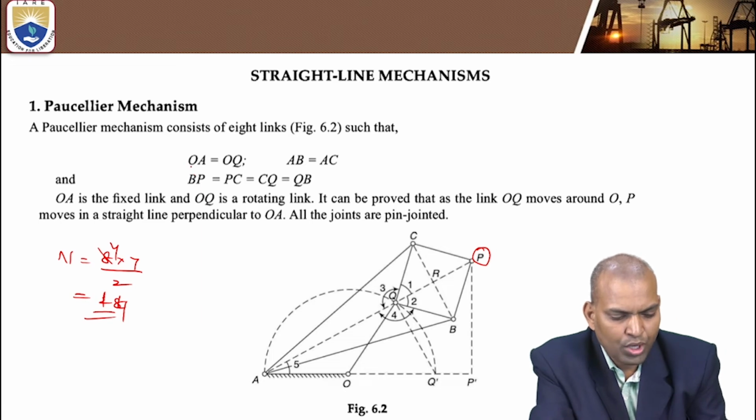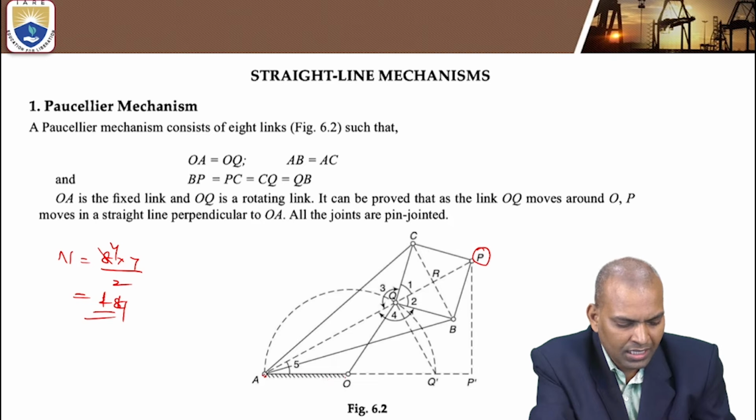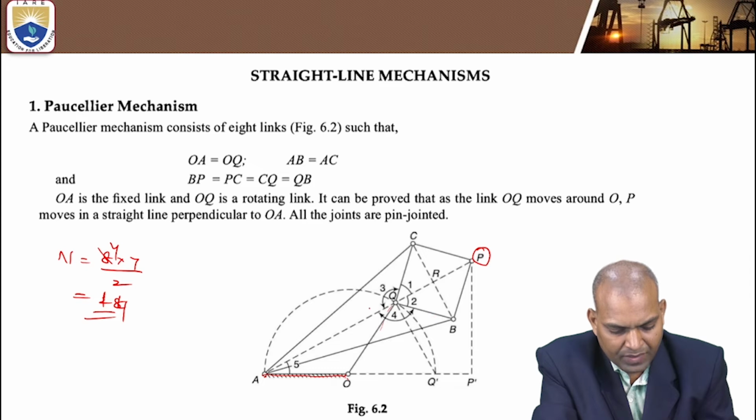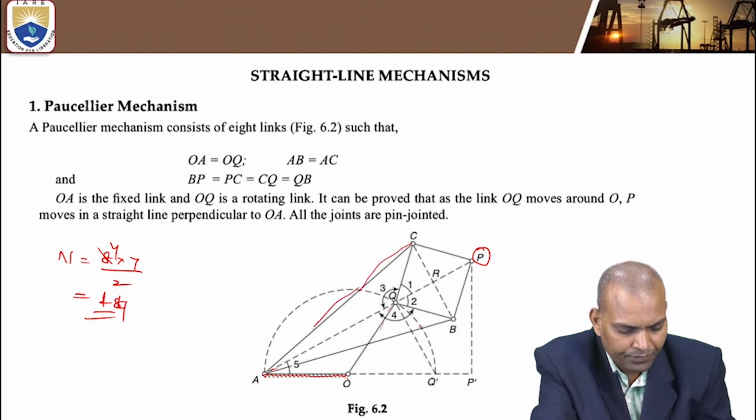That is, OA equal to OQ: the length of the link OA and OQ should be the same. Next, the lengths of the links AB and AC are equal. This is AB and this is AC.